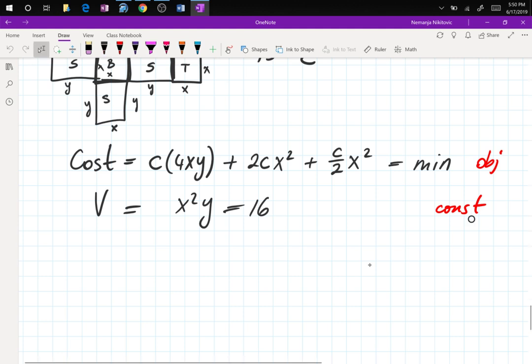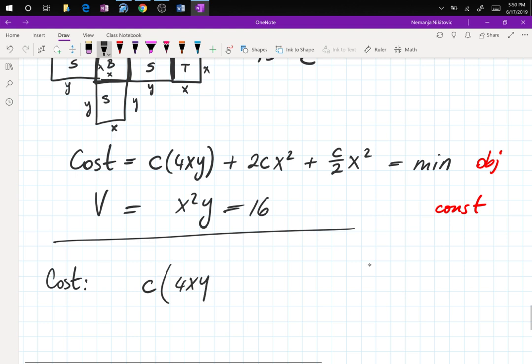So now, let's simplify the cost equation. We can kick out a C. We have 4xy plus, and guys, now you have a 2x squared plus 1/2 x squared.